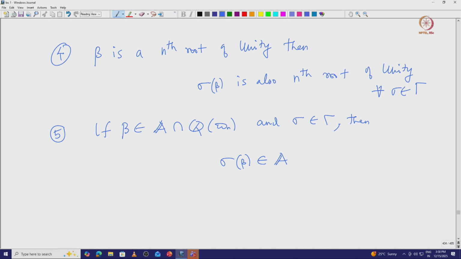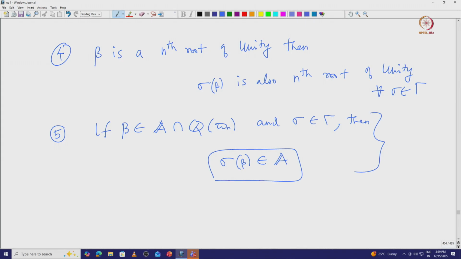So, this is also a corollary of 3. Because if beta is an algebraic integer, then it satisfies a monic integral polynomial. In particular, sigma fixes Q. So, if sigma fixes integers, that would imply that this sigma beta is also an algebraic integer. So, these are all easy statements to verify. Maybe I will leave it to you to check.